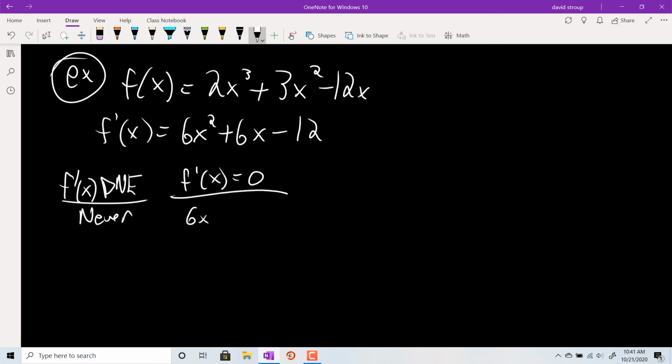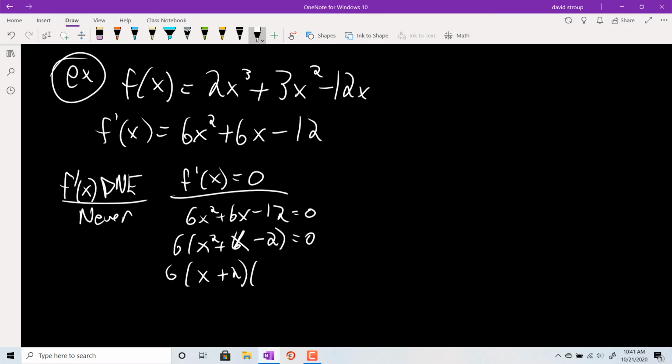So we have 6x squared plus 6x minus 12 equals 0. Factor out the 6. x squared plus x minus 2 is 0. And what do we get? (x plus 2)(x minus 1) equals 0.